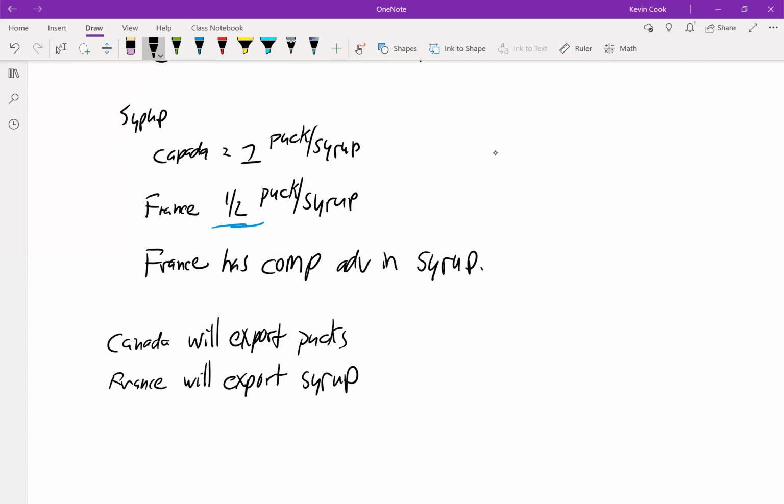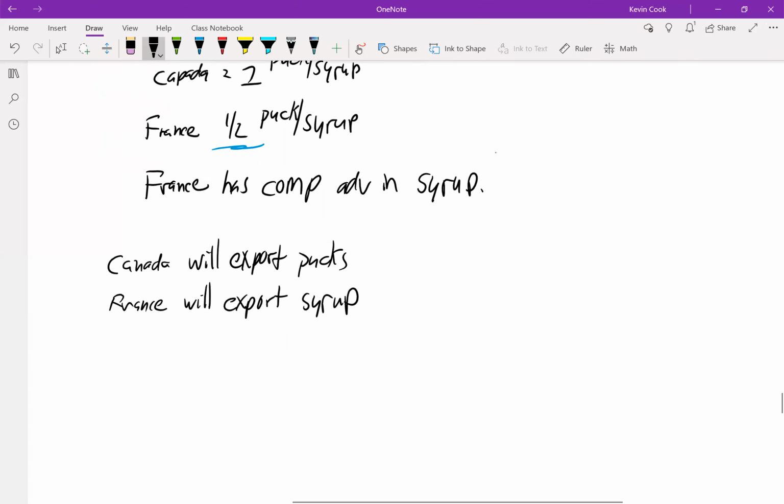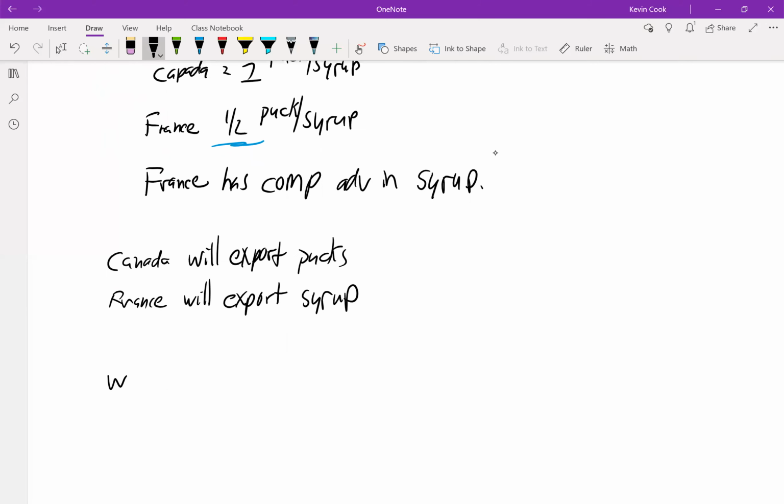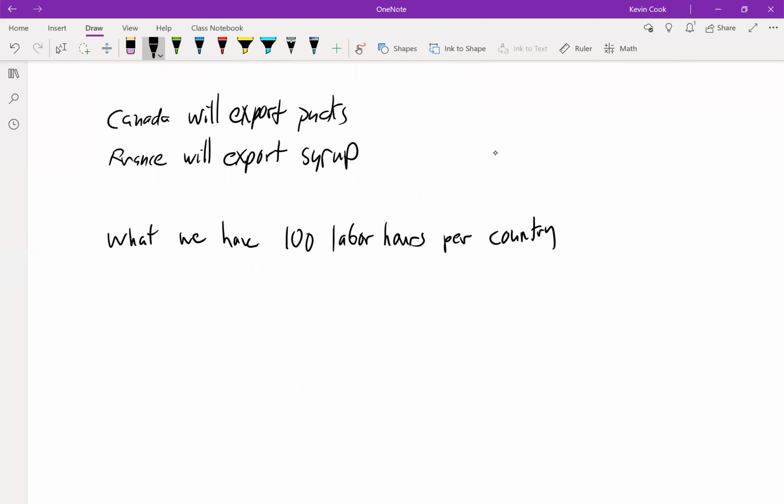We're going to say, again, just like before, suppose that we have 100 labor hours per country. Then if we think about Canada and France, they have, again, syrup and pucks. I did it Canada and France up here, so I'm going to keep with my shape.